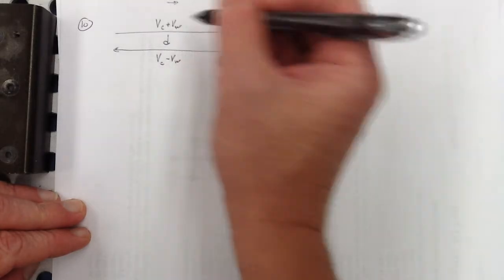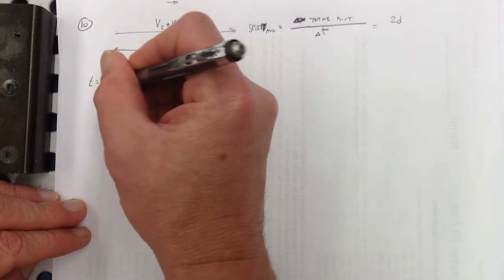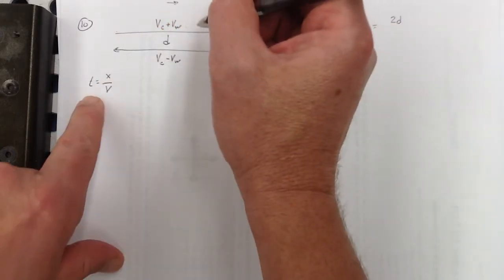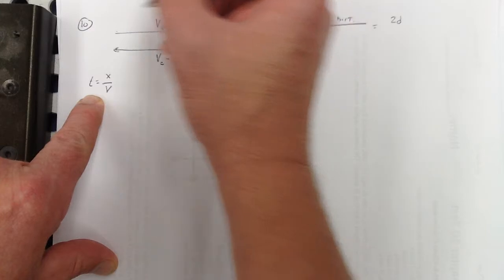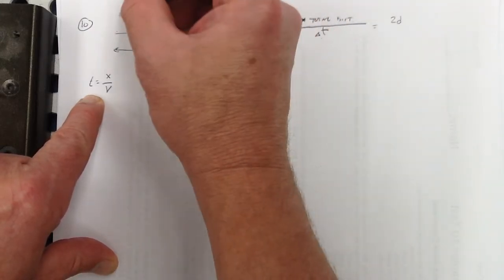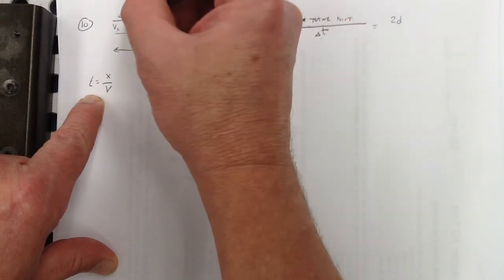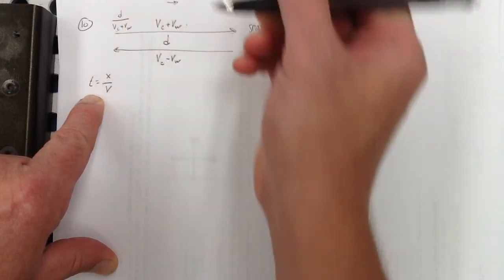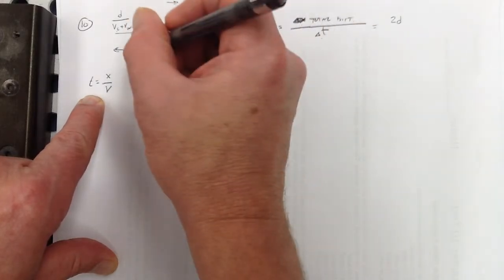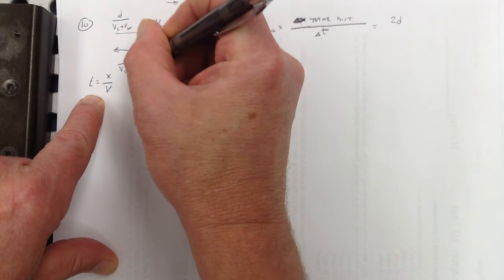The time here is going to be, remember that time is equal to that distance divided by velocity. So here, this time is going to be the distance d over vc plus vw, and here it's going to be d over vc minus vw.